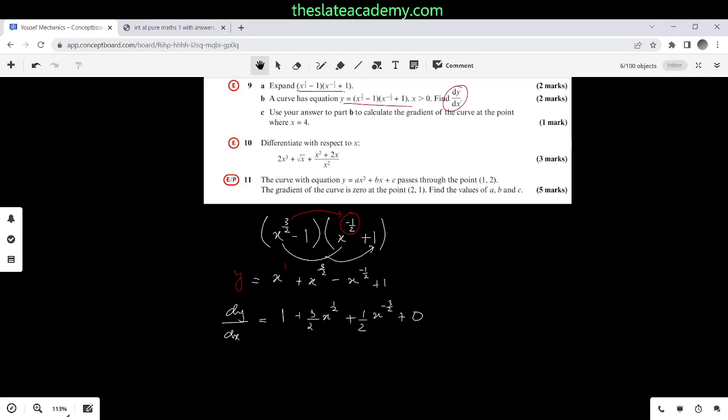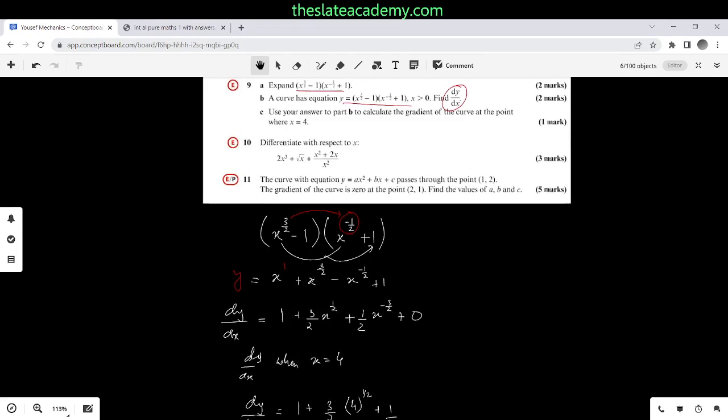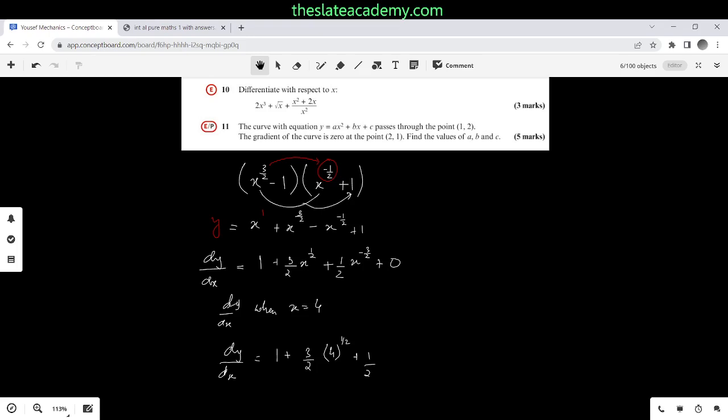So in this same equation, dy by dx when x is equal to 4 would mean dy by dx is equal to 1 plus 3 over 2 into 4 to the power 1 over 2, which is square root of 4, plus 1 over 2 into 4 to the power minus 3 over 2 plus 0.